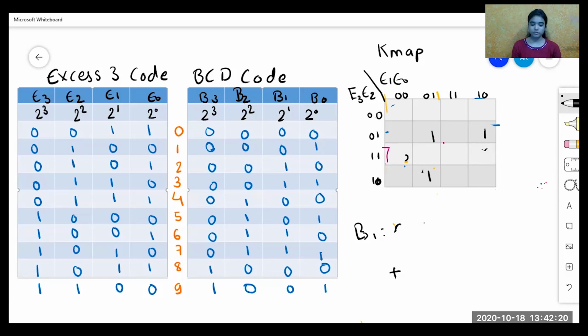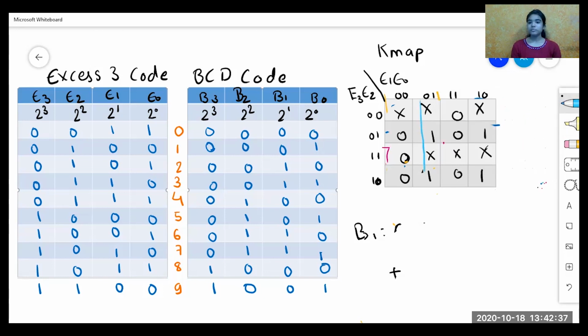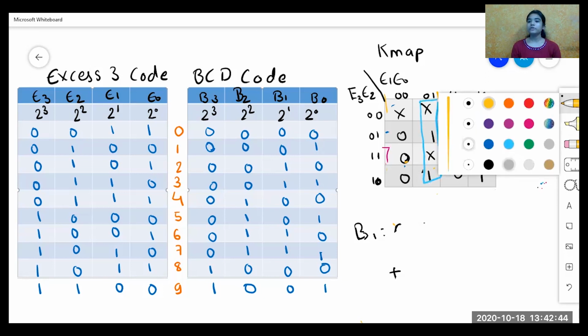So these are my places with ones and these are my places with zeros. And again, the remaining cells are put as a cross mark. Those are my don't care condition. Then we again do the grouping. So this group of 4 is possible, and then this group of 4 is possible.